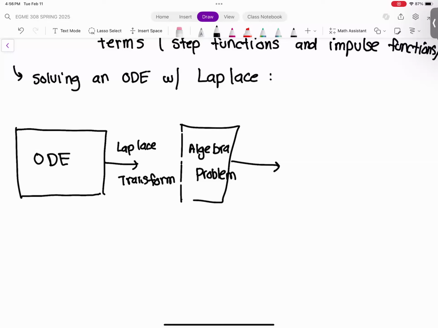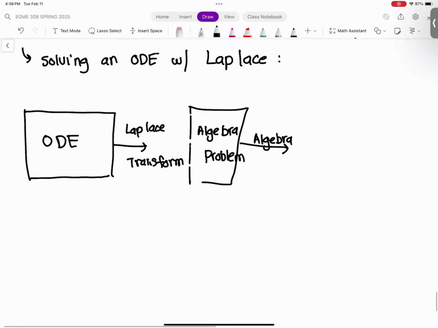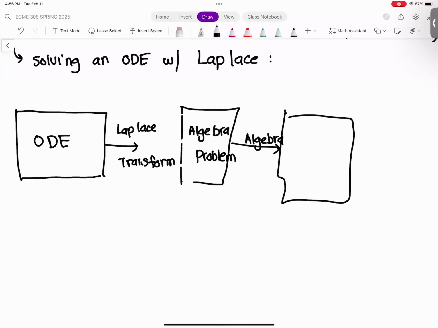Okay. Once you have the algebra problem, you're going to perform algebra to find the solution. But the solution here is going to be in the Laplace domain. But usually our solution in the Laplace domain is not that useful to us because it's hard to kind of visualize or utilize this function, right?